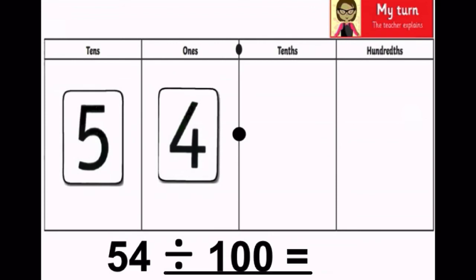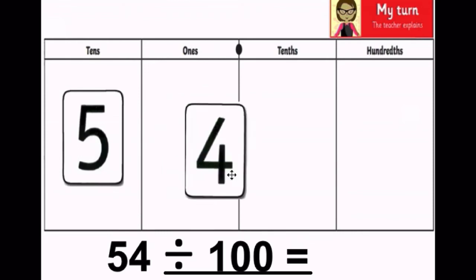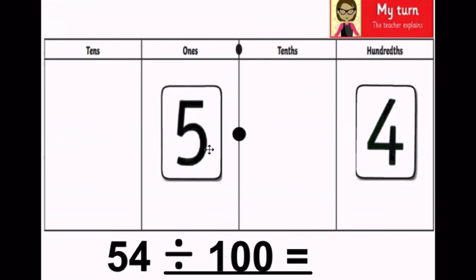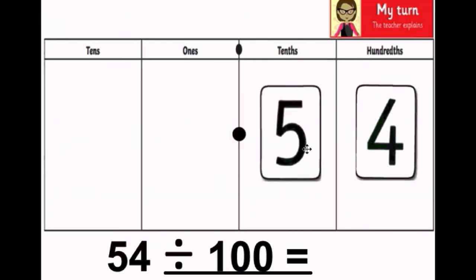We're going to look at dividing a 2-digit number by 100 now. But the same rule applies, that we still move each digit 2 places to the right. Okay, so we're going to look at 54 divided by 100 now. And we're going to move the 4 2 places to the right. And we're going to move the 5 2 places to the right.